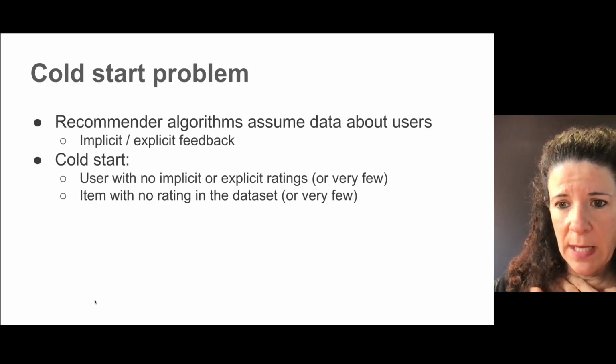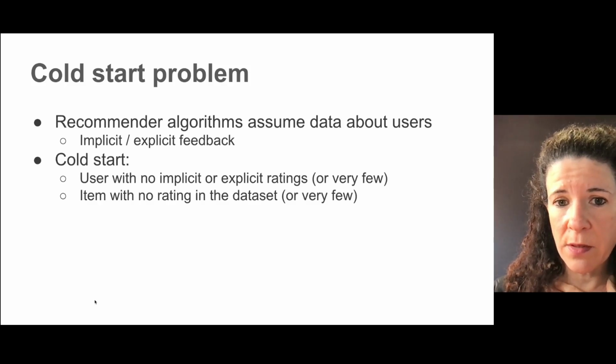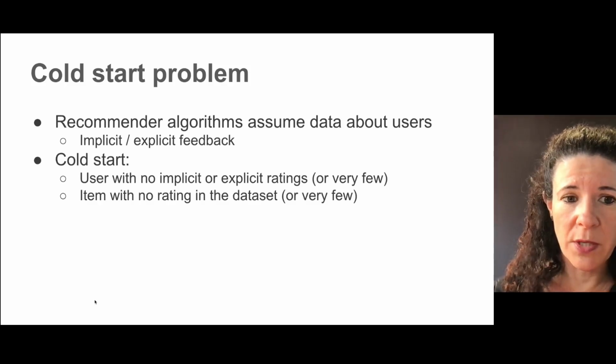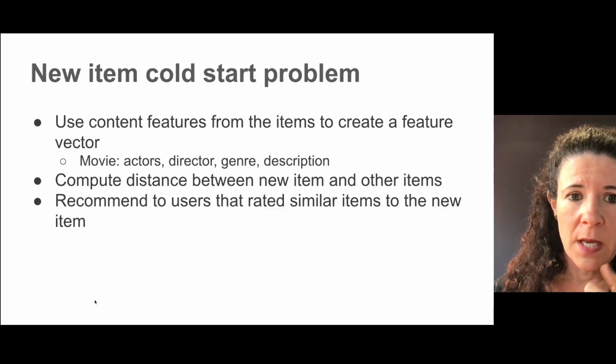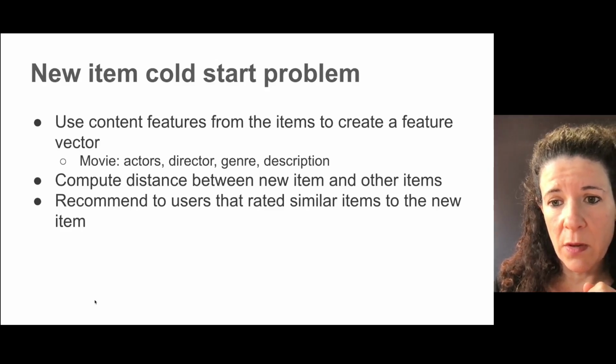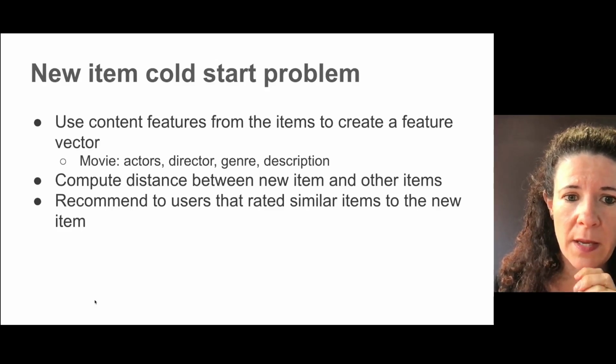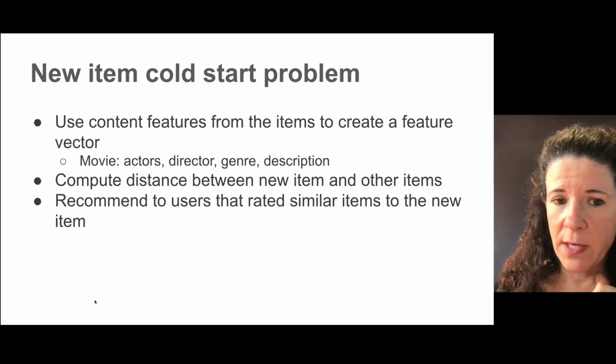So that is the issue. You don't have any explicit ratings, or you have very few ratings about a user or an item. If you have a new item, you may use the content-based recommendation system to do recommendations on that item. We talked about that already.